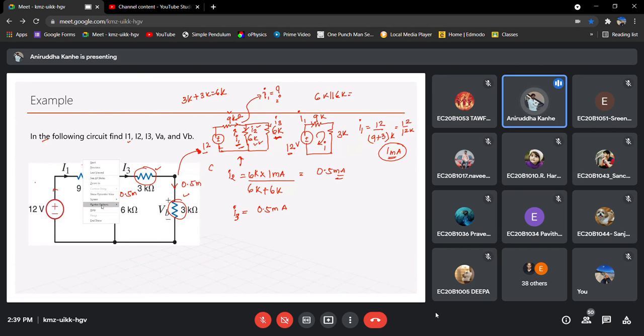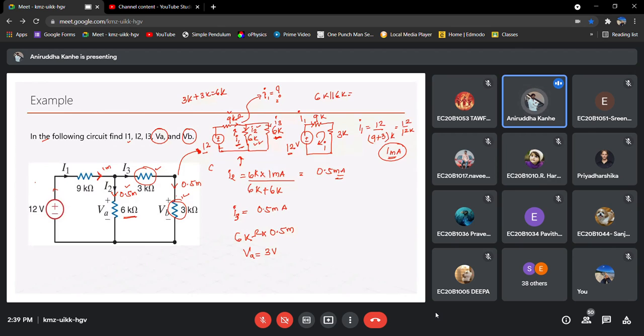So I hope this is clear to everyone how we are calculating for a simple circuit. Now, what is the other part? Calculate VA and VB. VA is the voltage drop across this 6 kilo ohm resistance. So 6 kilo ohm multiplied with the current, that is 0.5 milli, and this comes out to be VA is 3 volts.